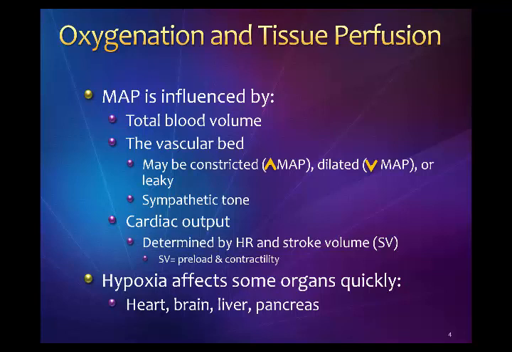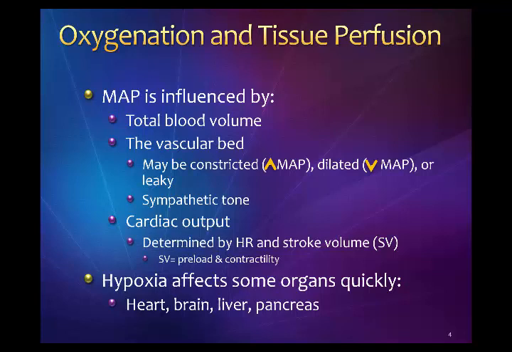If you're not sure how to calculate that, most blood pressure cuffs and machines do these days. You take the systolic and you add two diastolics to it, and then you divide that by 3, and you can come up with your mean arterial pressure.